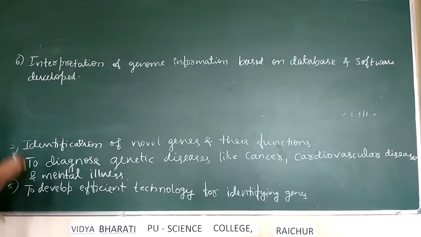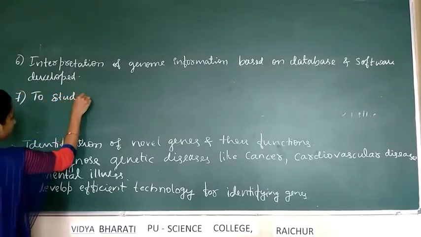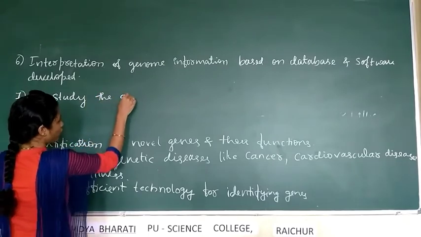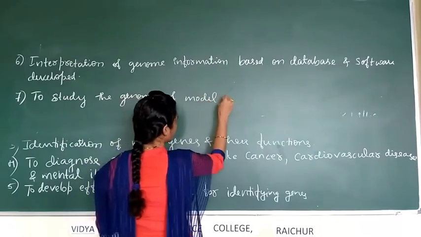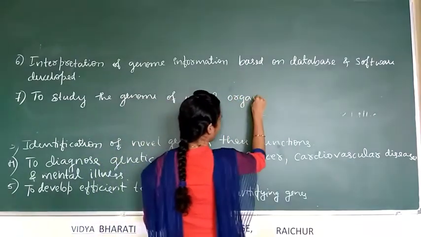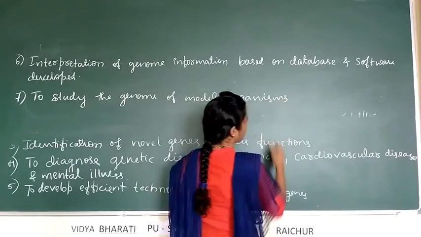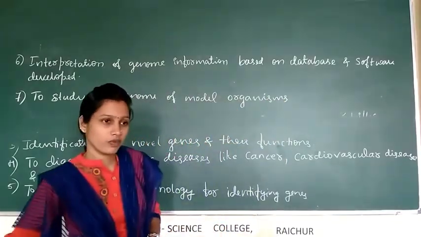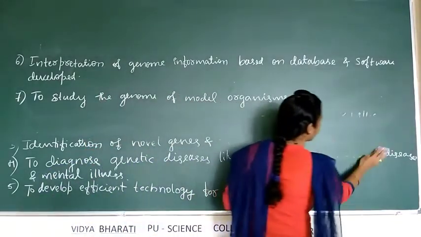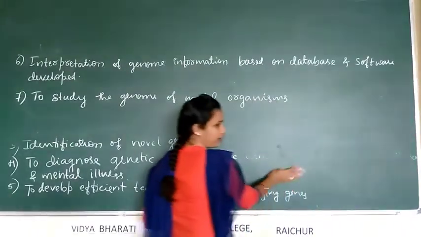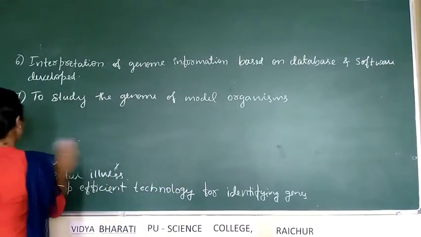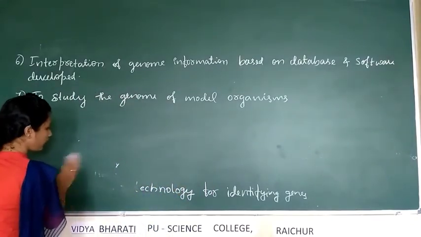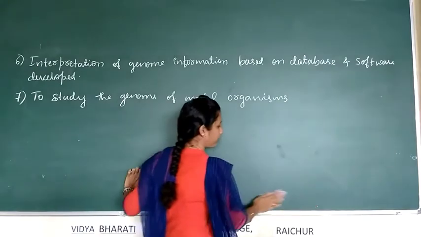Then, to study the genome of model organisms. Model organisms are the organisms which are used in various experiments in the field of biology. For example, E. coli, Escherichia coli, is the bacteria which is used in various experiments, right?